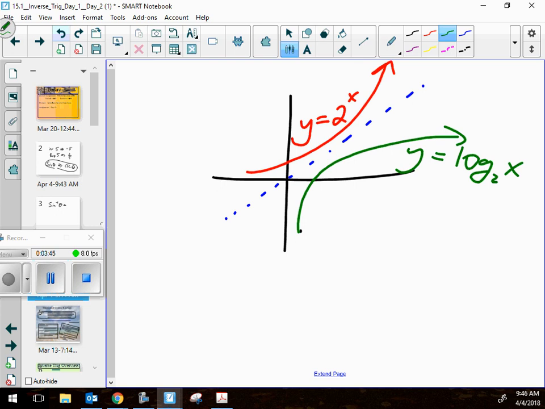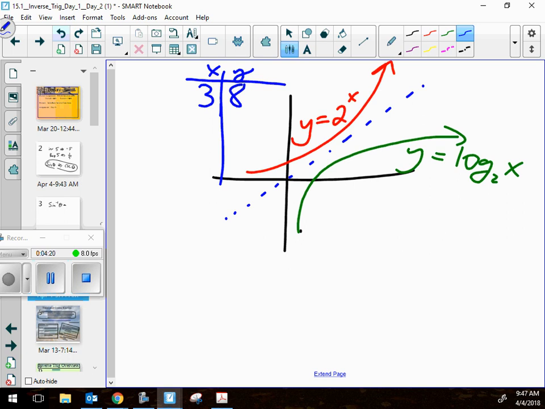All right, so with inverses, there's a reflection over that line, y equals x. And that means things like this. If I put in a 3 here for x, would that equal 8? Does that sound familiar? Then, if the point 3, 8 is on that graph, what point would be on the other graph?